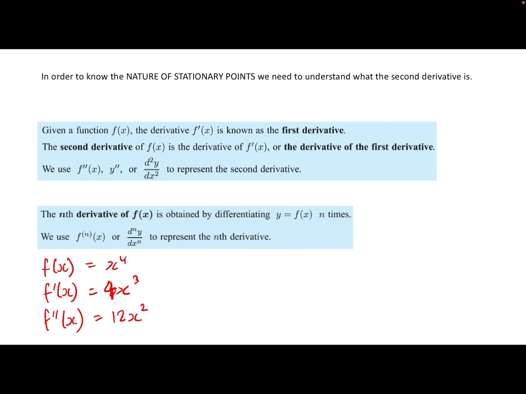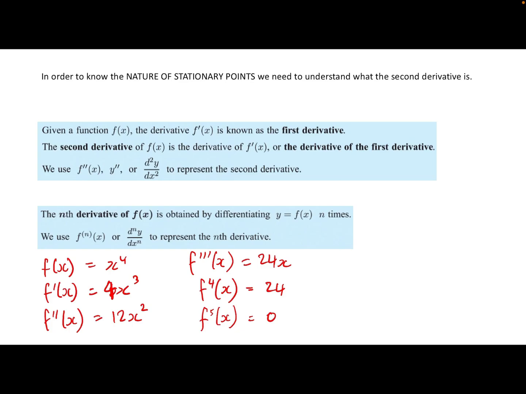We can even carry on. We can go for the third derivative, f dash dash dash x, okay, and that would be 24x. Sometimes you use this notation if I want to go to the fourth derivative, I can just use the number, and that would be 24. And then the fifth derivative, finally, would be 0.